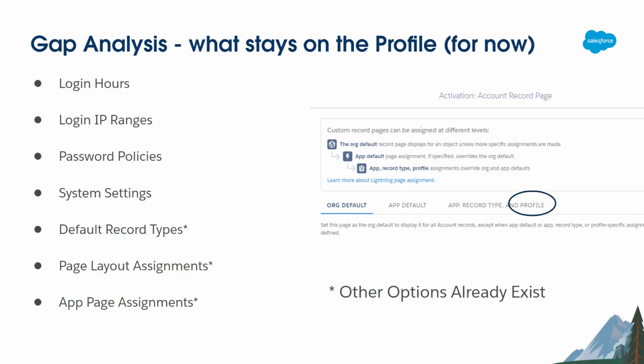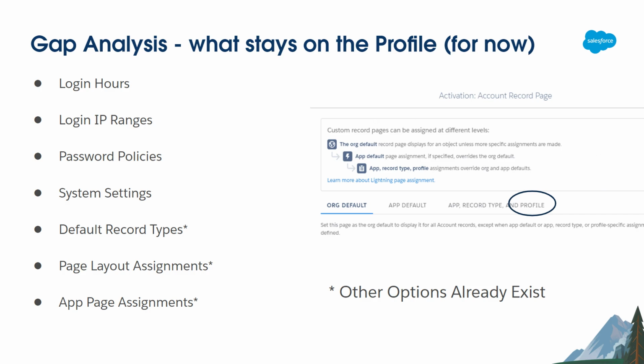Again, let's watch this space and see what happens in the future. But just thinking about that there. The other thing with default record types is that a user can go in themselves and set their default. So yes, I can hear you all saying my users won't do that, but it is technically an option. Okay, so think about how you're using record types.